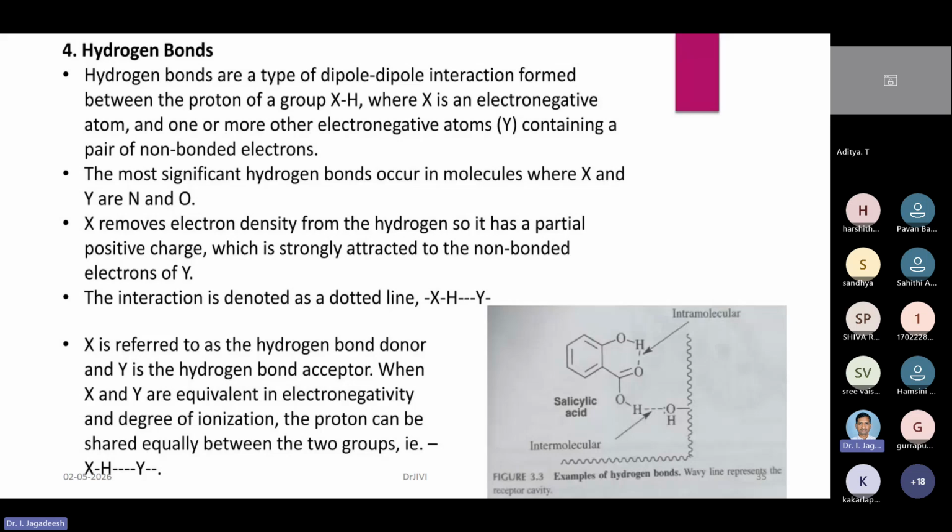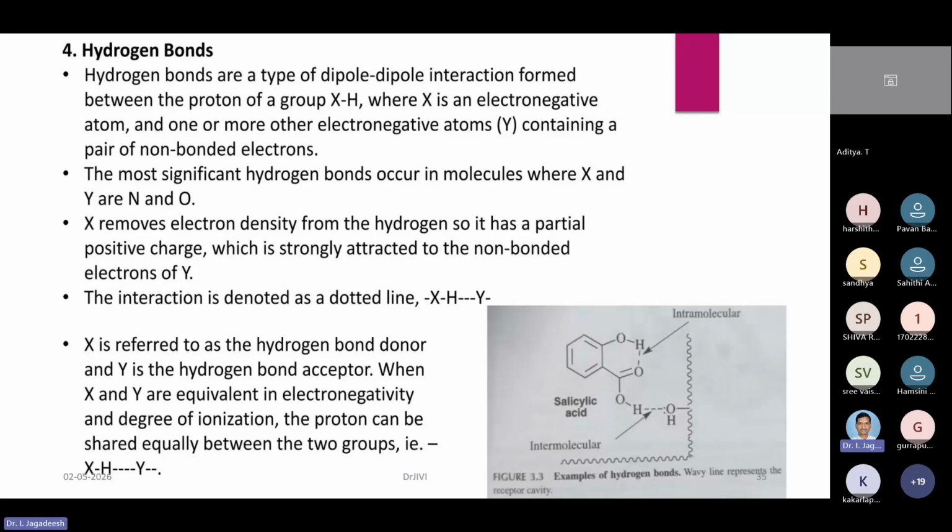In this context Y does not contain a hydrogen atom. That is the reason these depend on the electronegativity and the degree of ionization. The proton can be shared between the two groups, depending upon the hydrogen presence along with them.